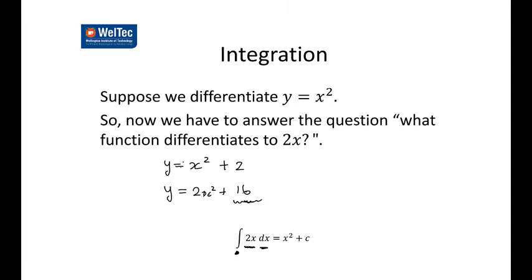Then 2x is what we're going to integrate. That's called the integrand, if you need to know. And c, as I said, was the constant of integration. If there are no numbers at the top or the bottom of the integral sign, then we talk of indefinite integrals.